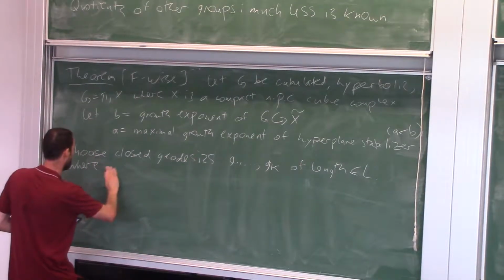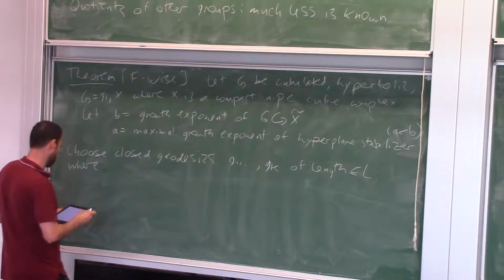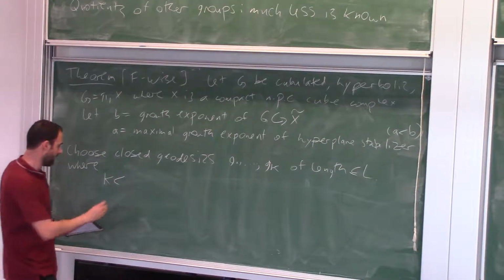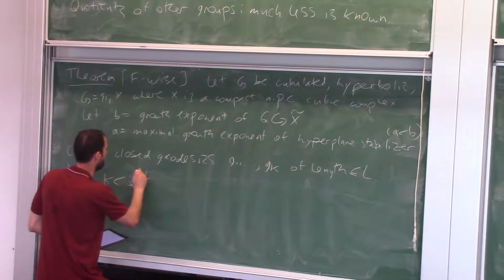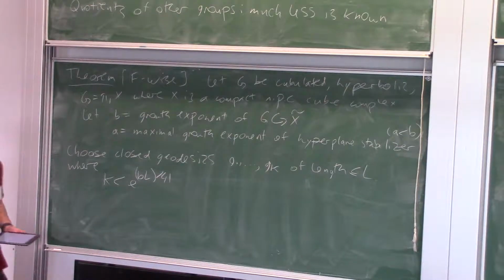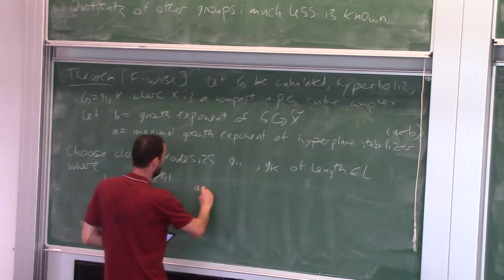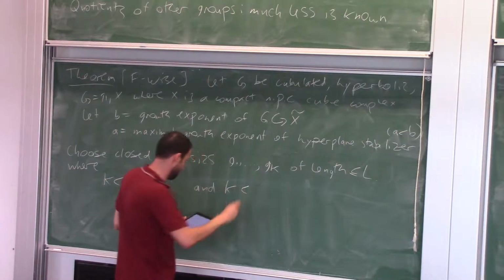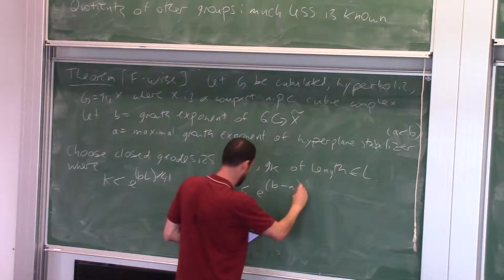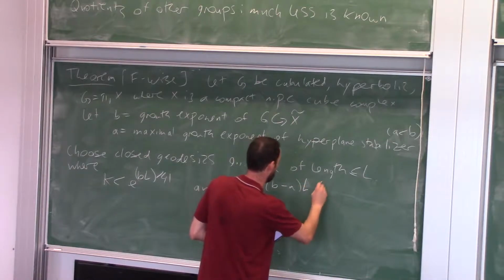Well, the number of closed geodesics you're allowed to choose has to be less than e to the VL over 41, which is to say less than density 1 over 41. And it's also less than e to the (B minus A)L.